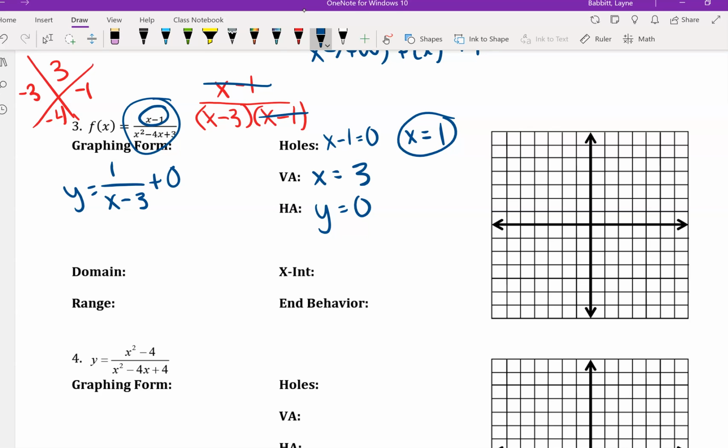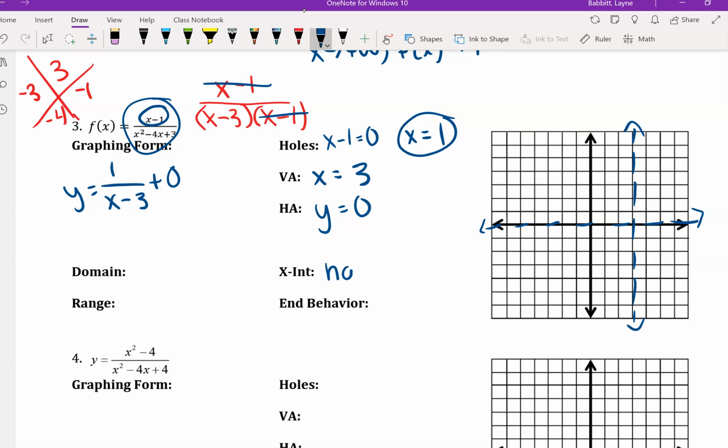All right, now let's graph. Vertical asymptote at 3. Horizontal asymptote at 0. It's not going to have an x-intercept because there's an asymptote on the x-axis, meaning it's never going to touch there.